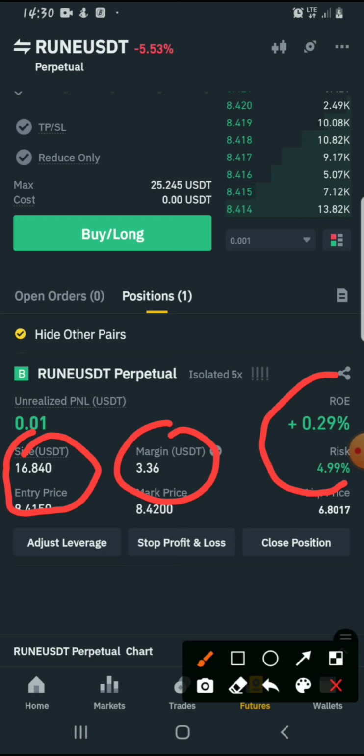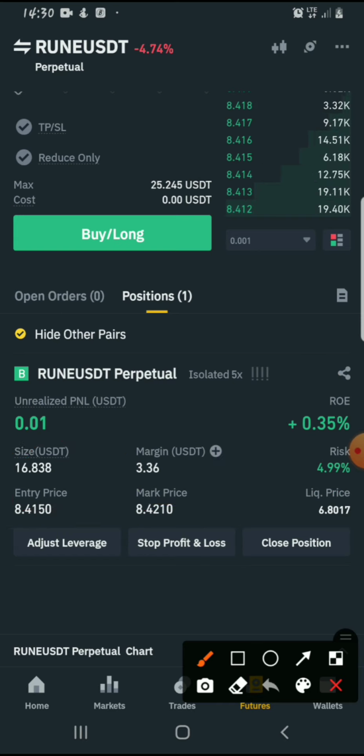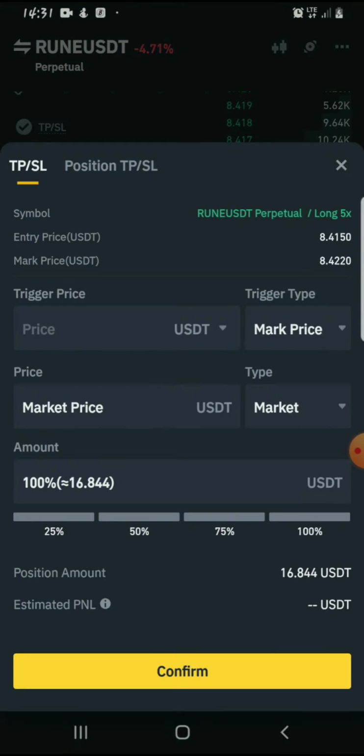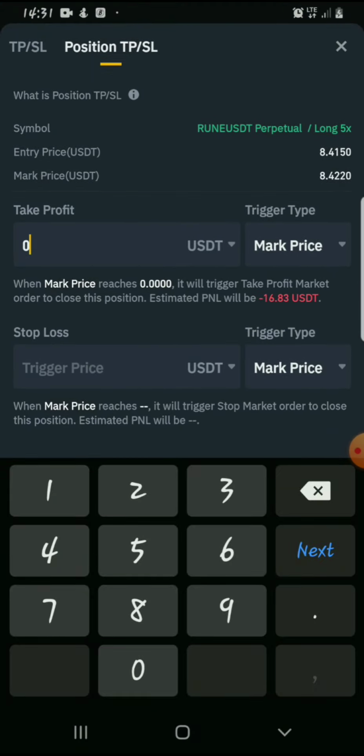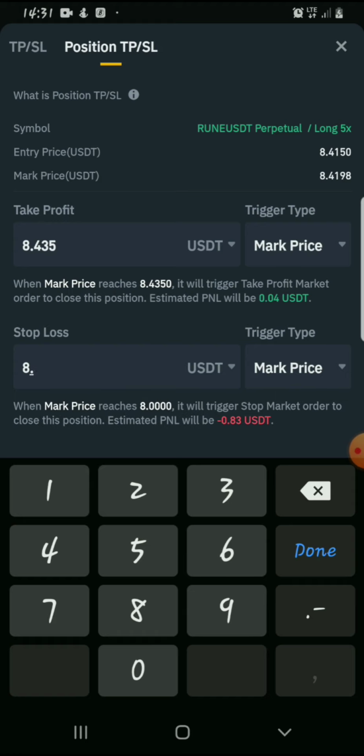You understand? So that is actually how it works, and I can set my take profit and stop loss from here too if I didn't do it in the initial stage. So let me try setting my take profit and stop loss here. I click there and I set my take profit at 8.435, and my stop loss at 8.386.